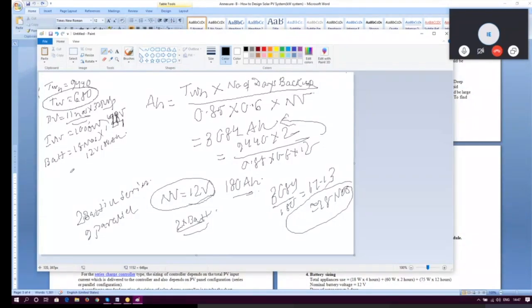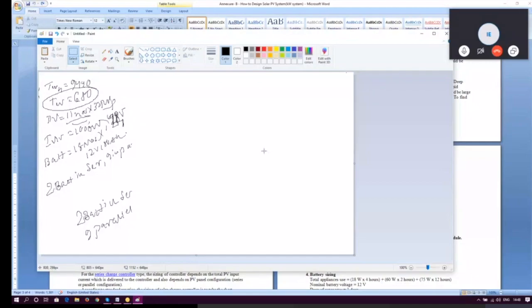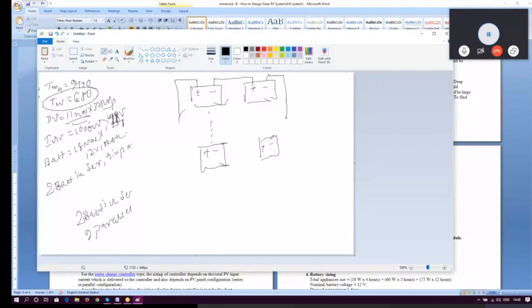Okay, so again I'm telling, in this case our design would be 2 batteries in series and 9 in parallel, right? Let us check how this comes. It will look like this: this is my positive, negative, positive, negative. Negative will go to positive and we will have the common negative. In this way, we will have positive, negative, positive, negative.